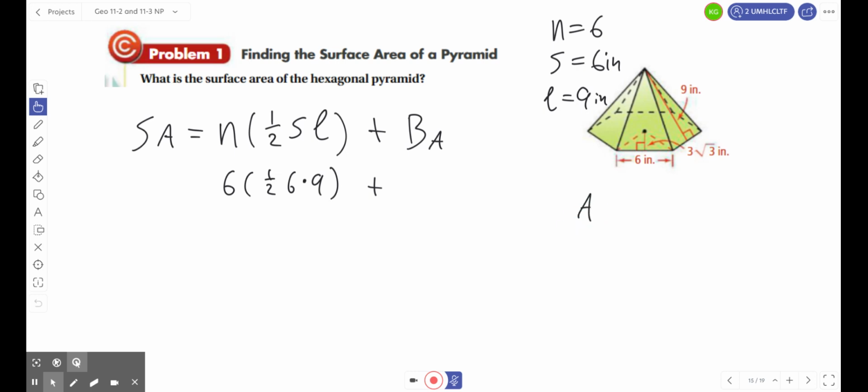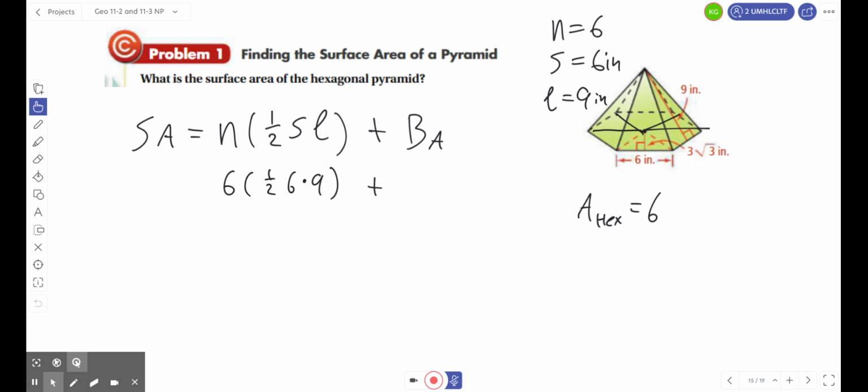Well, the area of a hexagon is, now remember the way we think about this is that we have 6 congruent triangles, because we are guaranteed that this is a regular hexagon. We have 6 congruent triangles in the bottom. We find the area of each triangle. Okay, sorry, something weird happened on the iPad. The area of the hexagon is going to be 6 of those triangles.